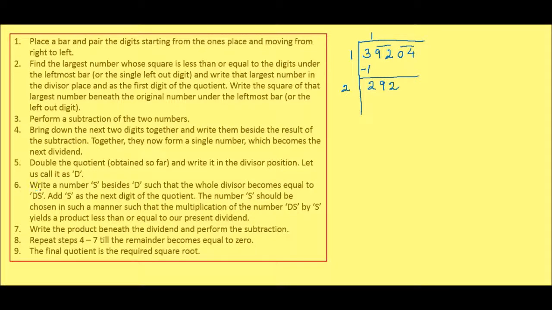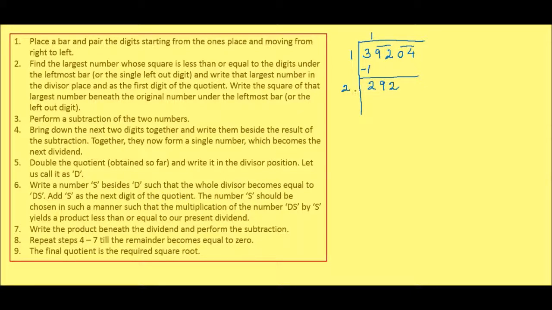Rule number 6. Write a number S beside D, that is 2, such that the whole divisor becomes equal to DS. That is 2 along with another digit. That will be the entire divisor. Add S as the next digit of the quotient.